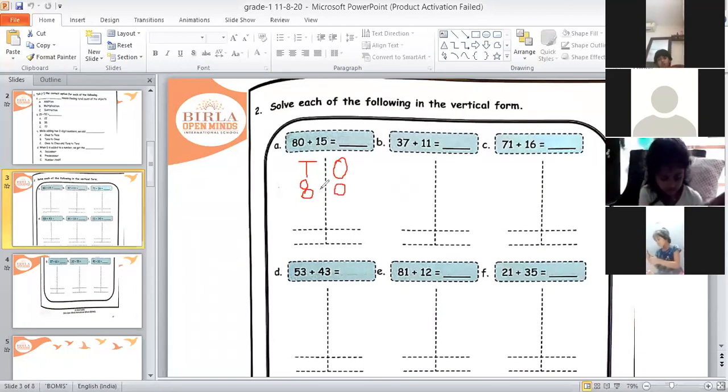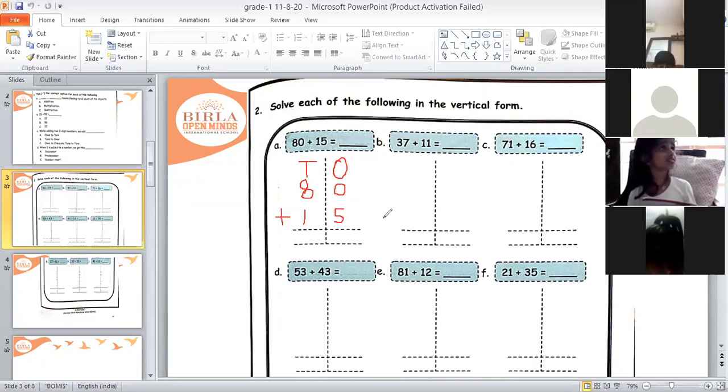Your next number is 15, so we will write 1 here in tens place and 5 in ones place. Okay, and then beside this one we will put plus sign. We will put plus sign here because we are doing addition.